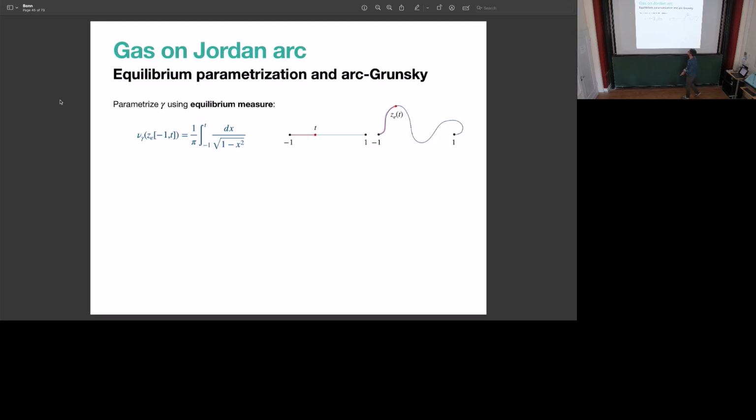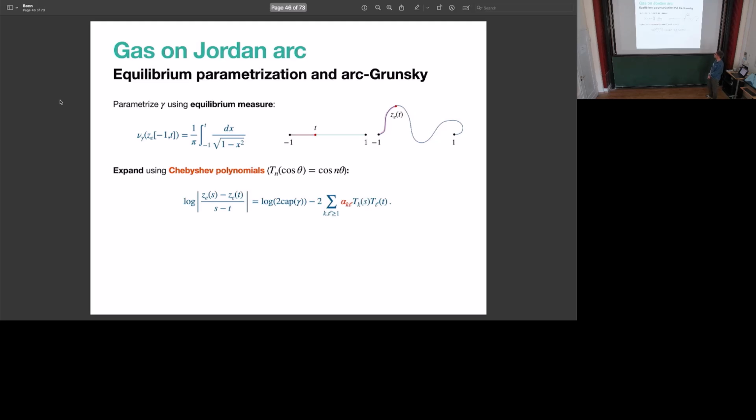Well, if you compute, you get exactly this integral on the right here. And then I will go to a point c_E(t) on the arc, where the harmonic measure seen from infinity in the complement of the arc equals that. Just parameterize like that. This gives me a complex valued function defined on the interval -1 to 1 that traces out my arc.